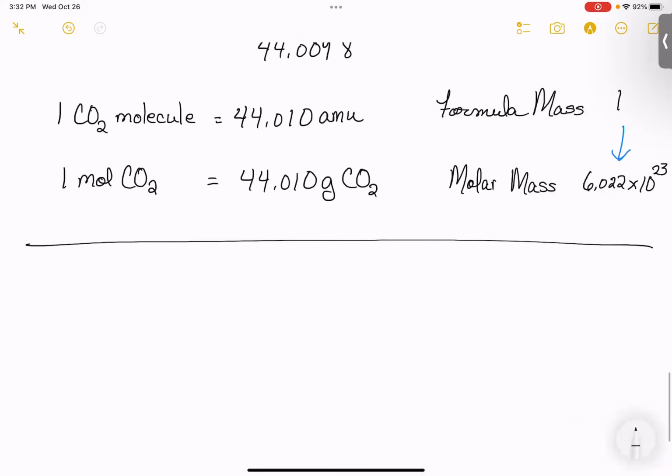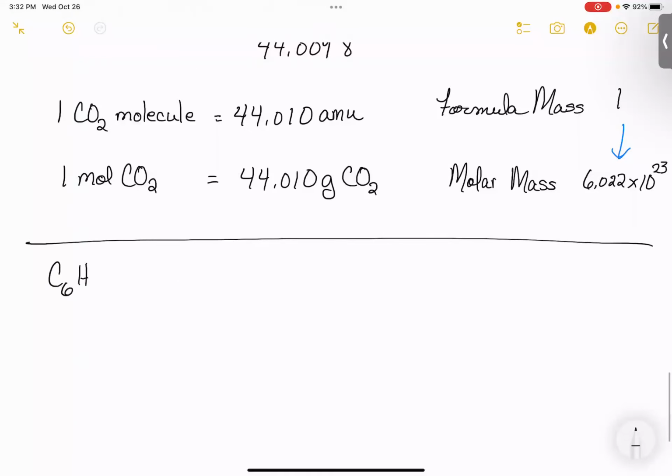So let's take glucose, C6H12O6, which you frequently talk about with respect to respiration.